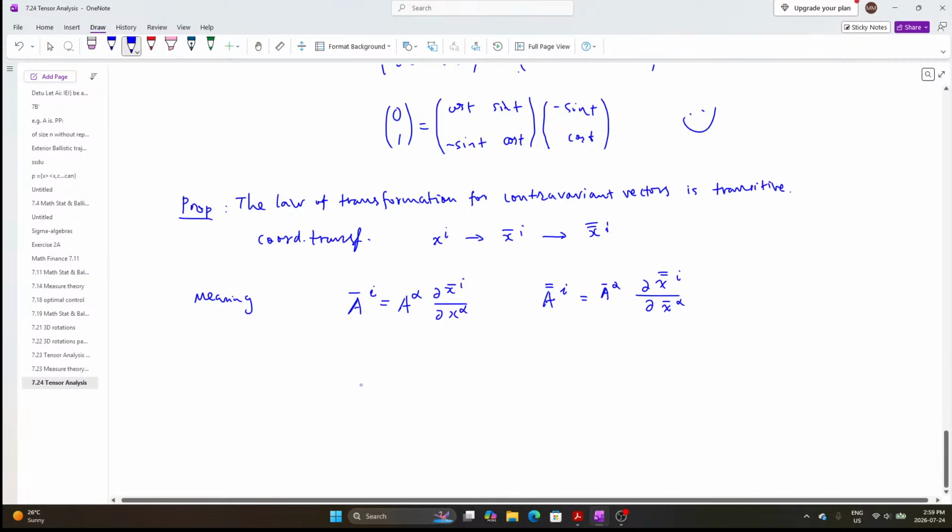Okay, so there you go. Let's try to do the substitution. A double bar I, let's substitute a bar alpha.